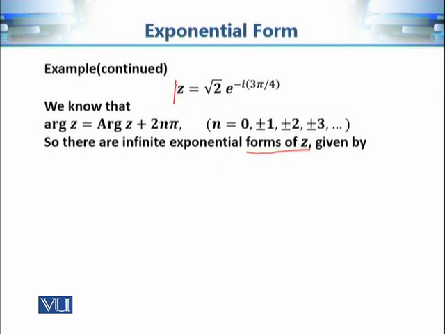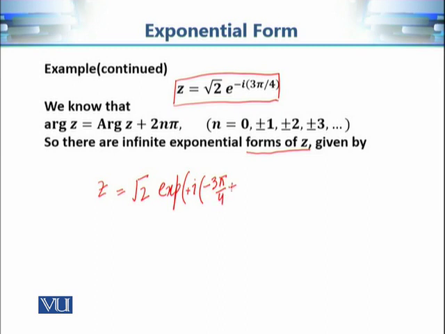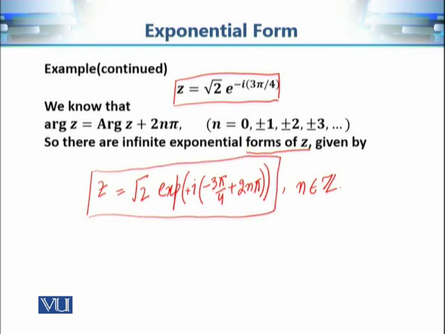So if we are given this complex number in this exponential form, now this complex number can also be written in the following way: r exponential iota times -3 pi by 4 plus 2 n pi, where n is any integer. Now these are all the infinitely many possibilities of the exponential form of a complex number.